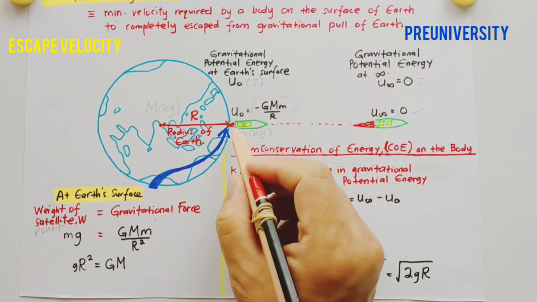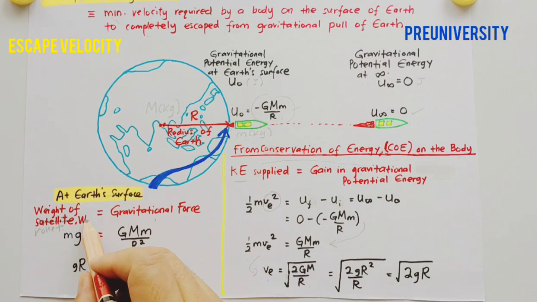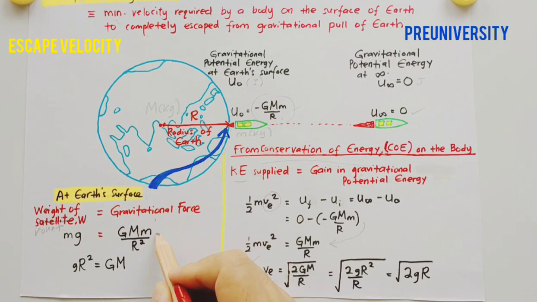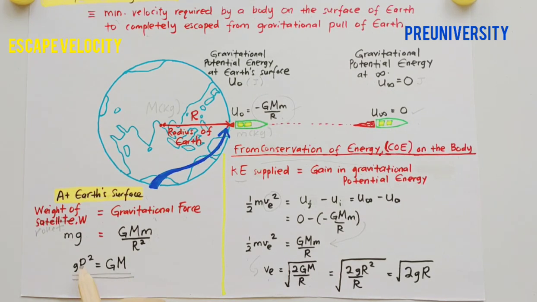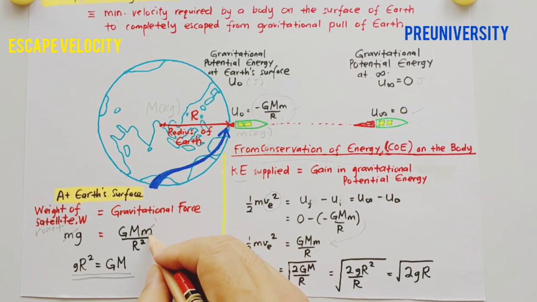So the weight of the rocket or the body, mg, equals the gravitational force GMm over r squared. Therefore we can write this equation, g r squared equals GM, because we cancel the mass of the rocket.